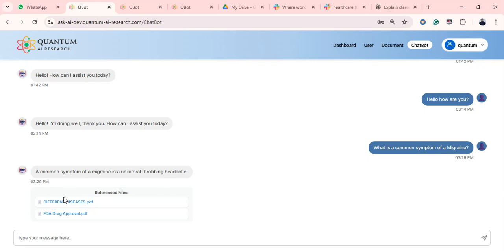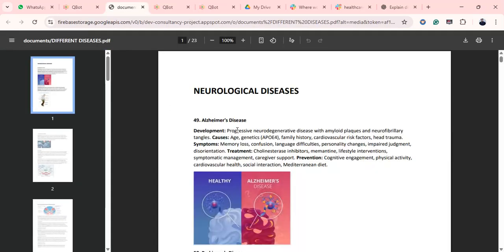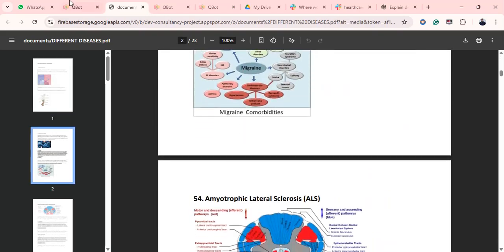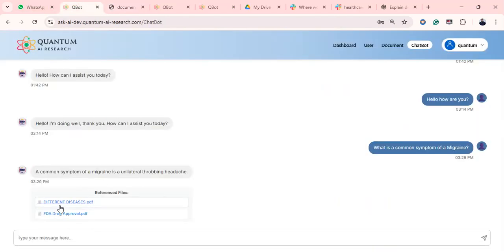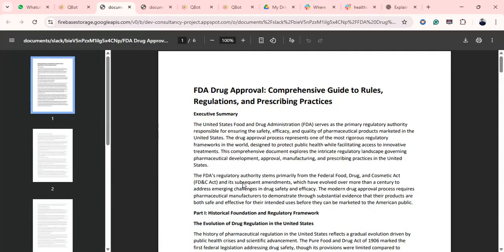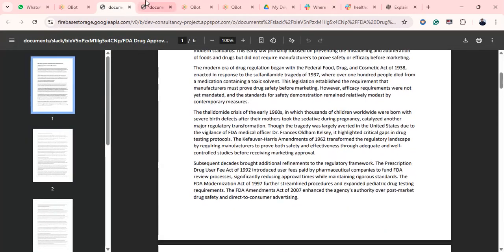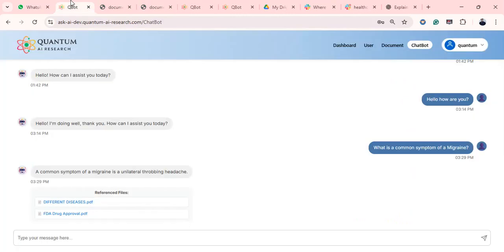Once you get your answer, you can cross-check by opening those documents. You can see these are the two documents from where it took the answer. So this is a normal, easy level question.